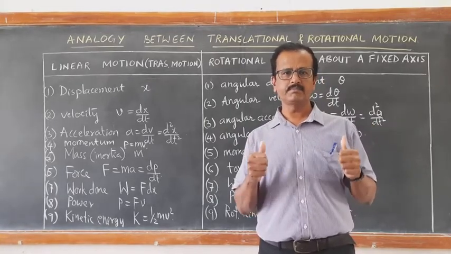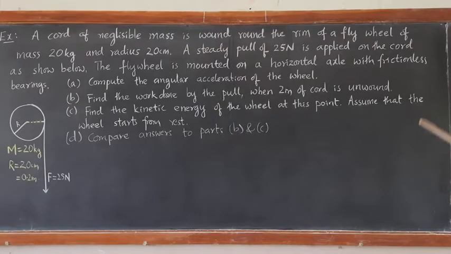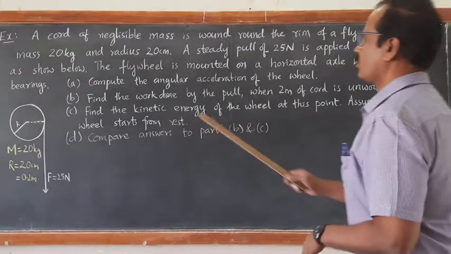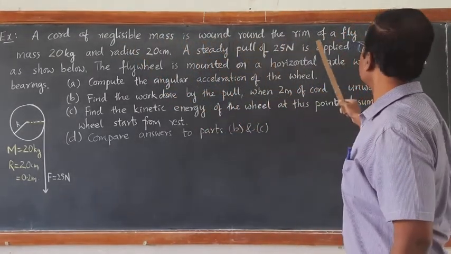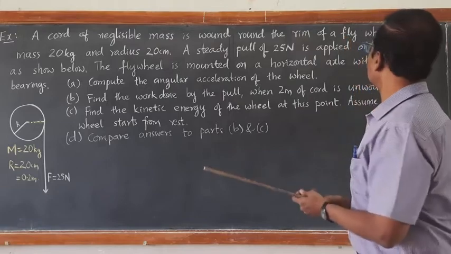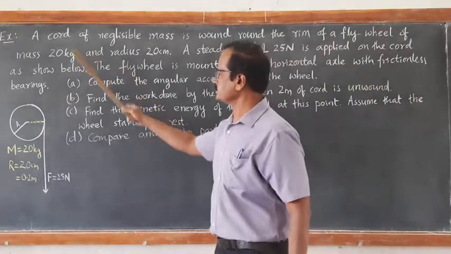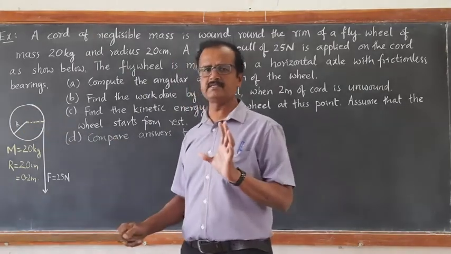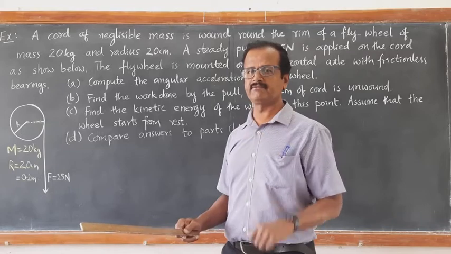Now let us solve one problem. A cord of negligible mass is wound around the rim of a flywheel of mass 20 kg. This is a flywheel. Flywheel means a large disk with a high amount of moment of inertia.